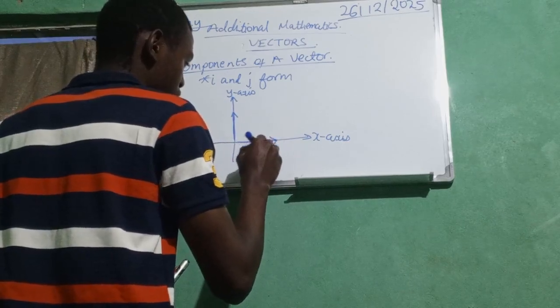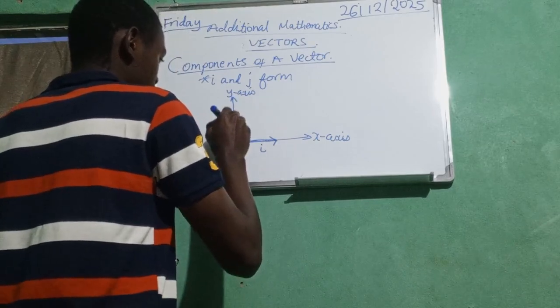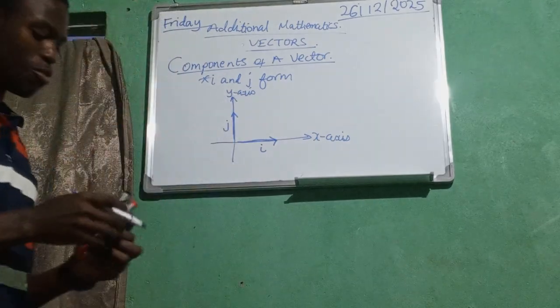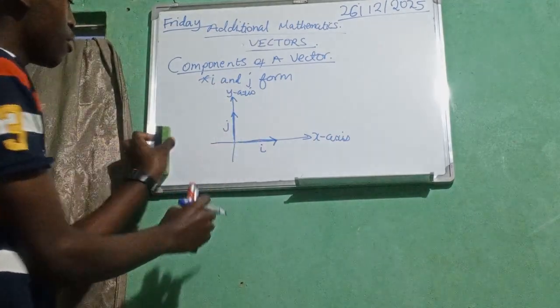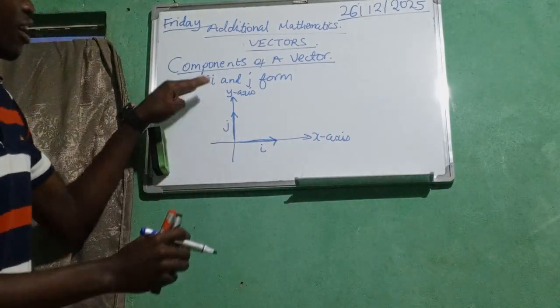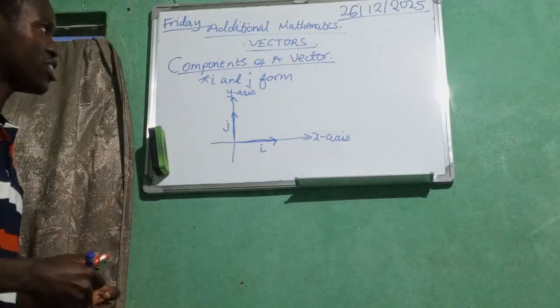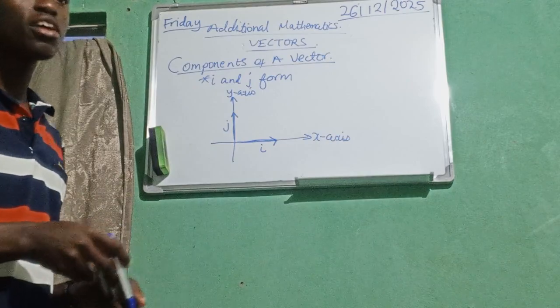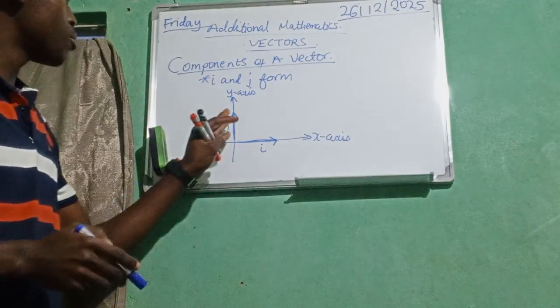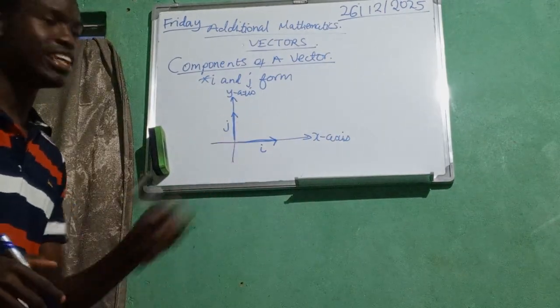This will represent the I, this represents the J. So movement along the x-axis is the I, movement along the y-axis is what we call the J, and that is the I and J form. These are the components of the vector, where we represent vectors in the form of I and J.